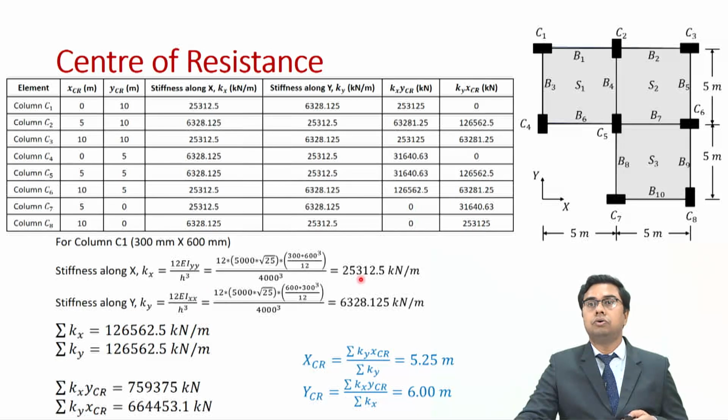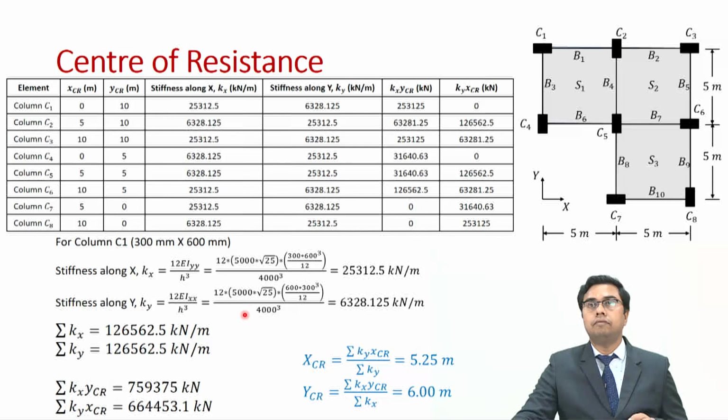In this case, the stiffness of column C1 along y direction is 6328.125 kilonewton per meter. Now, this is intuitive because C1 has a larger dimension along x axis, therefore, it will have a larger stiffness along x axis. So, it is intuitive and justified as well.